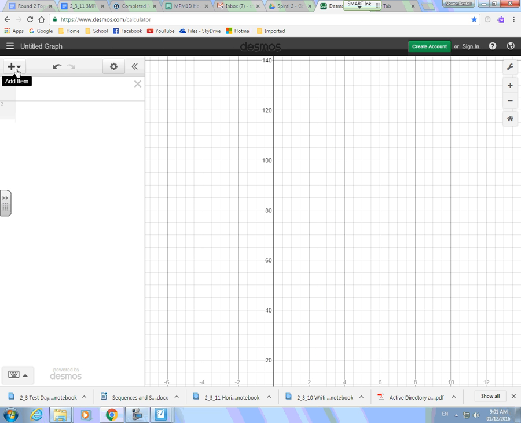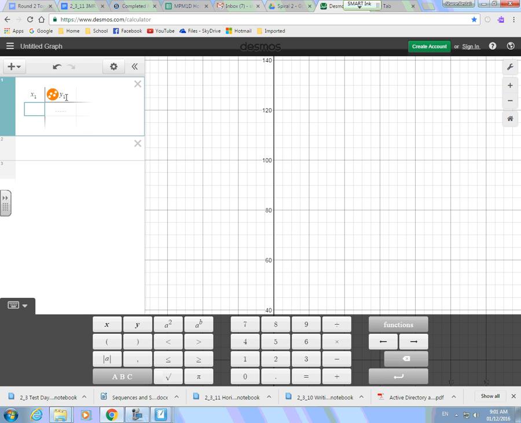One is I can actually use a table, and this is kind of an organized guess and check. What I'm going to do is, instead of having y1 here, I'm going to have 4 to the exponent x1. And essentially all I have to do is fill in the x values for a guess and check.